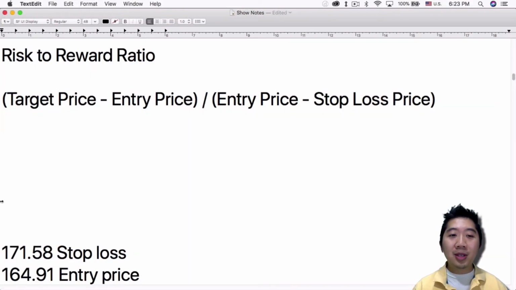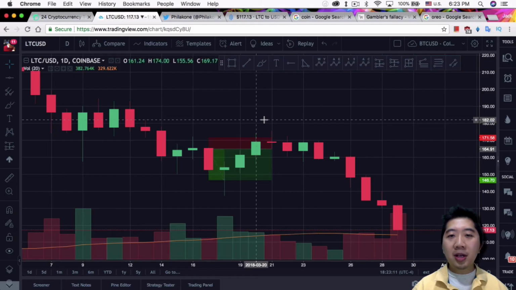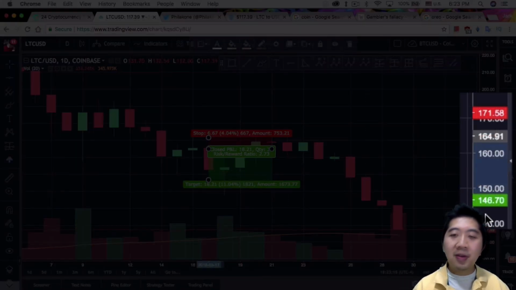You calculate it by using this formula. Target price minus entry price divided by entry price minus stop loss price. So, and then if you look at the box right here, they actually tell you on the right hand side right here. So they'll tell you 146.7 is the target price, 164.91 is entry price, and 171.58 is the stop loss price.